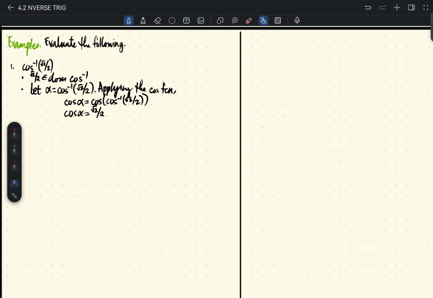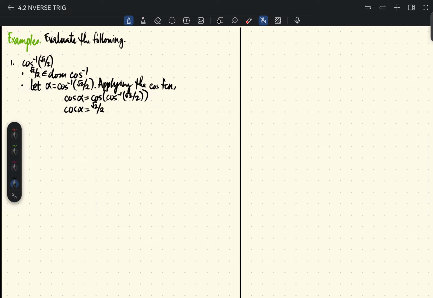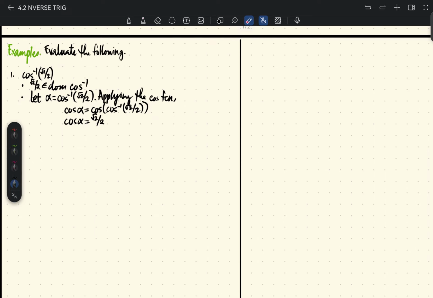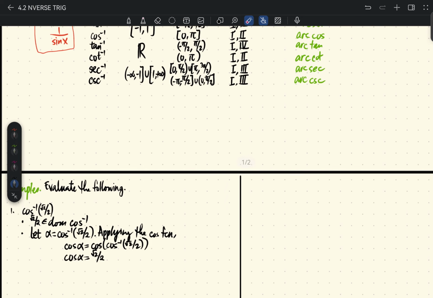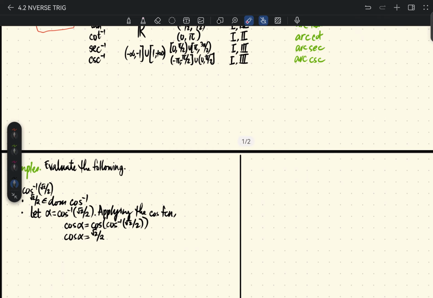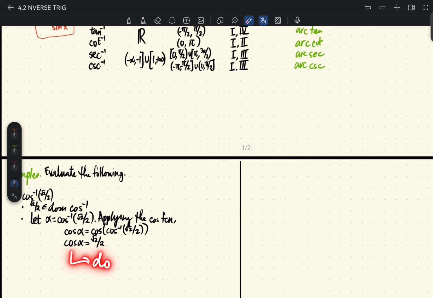And when does this happen? When does cosine alpha become equal to square root of 2 over 2? Take note, this alpha right here is a cosine inverse value. So we have to make sure that alpha is inside the domain of cos. But this time, the cos that we are considering is the restricted one.